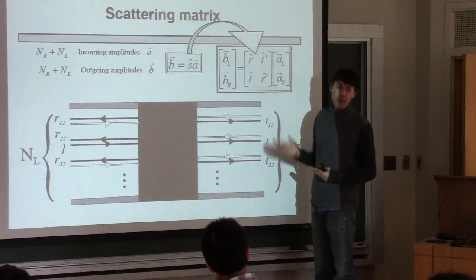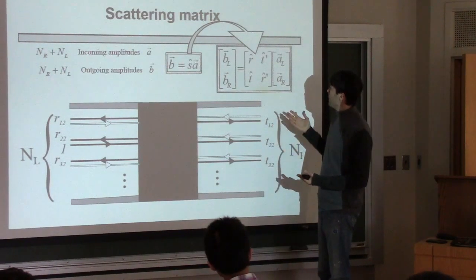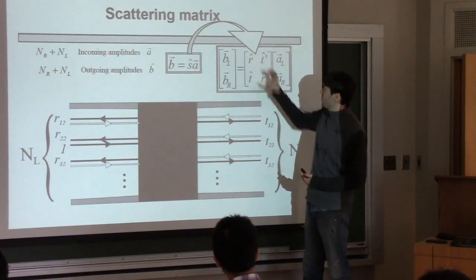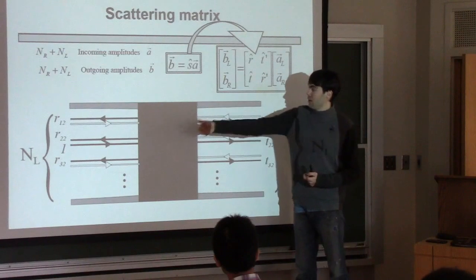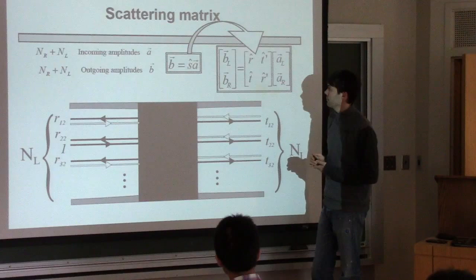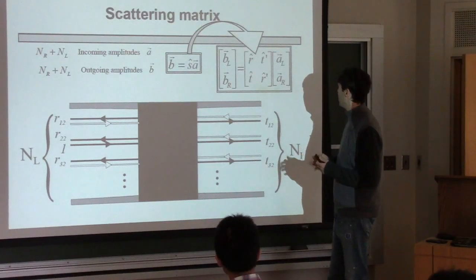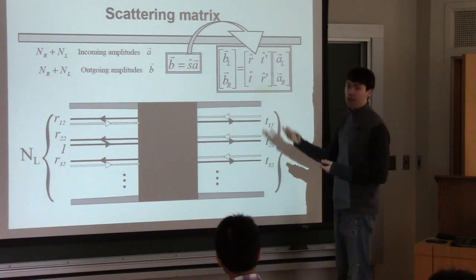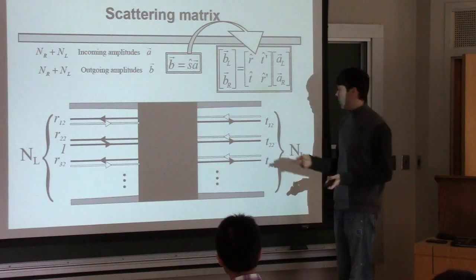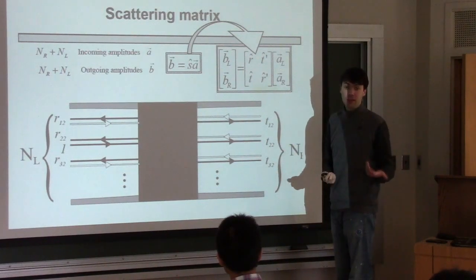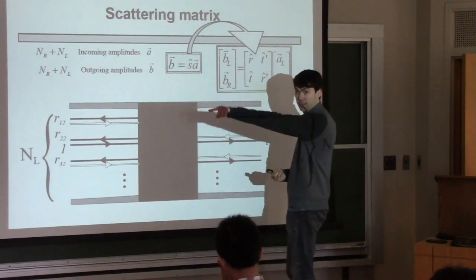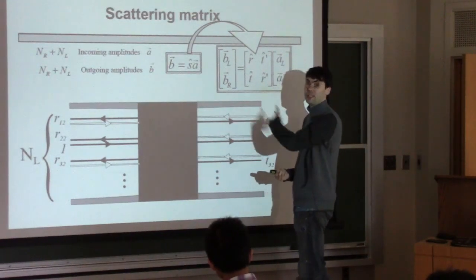So diagonally, it's reflection, meaning that you start from left and you go back to left. And so there will be a block which is reflections. And if you start from left and you end up in the right, it's transmission. So these amplitudes T and R, in a perfect quantum point contact, all the T's are 1s and all the R's are 0s for the modes that go through, and for the modes that reflect, all the R's are 1s and all the T's are 0s.